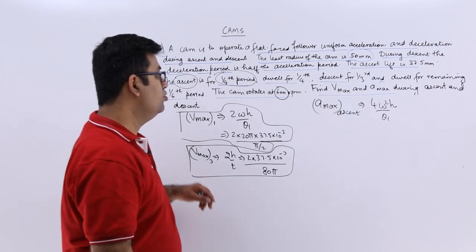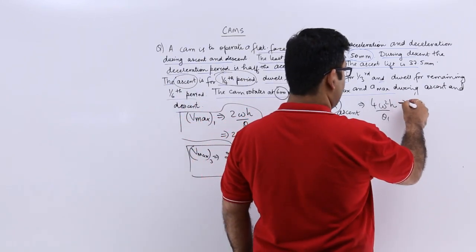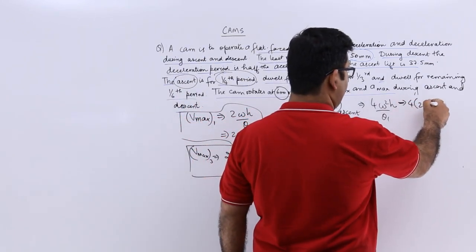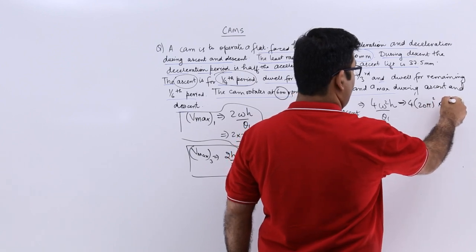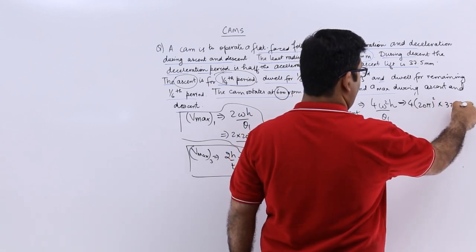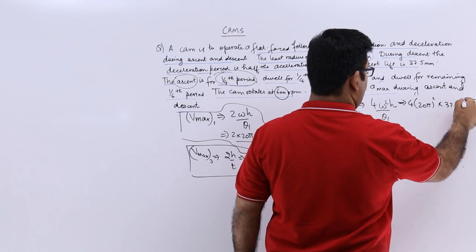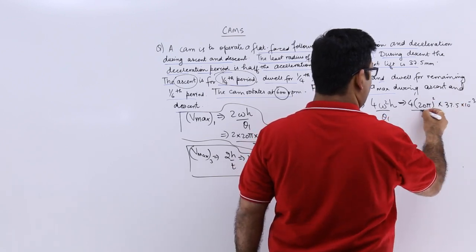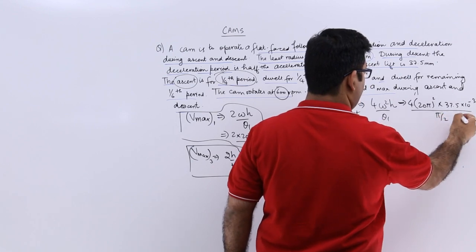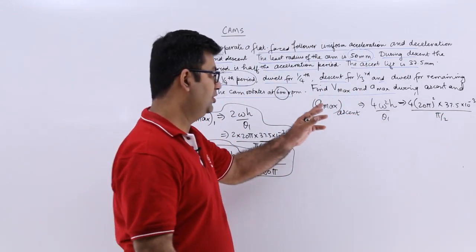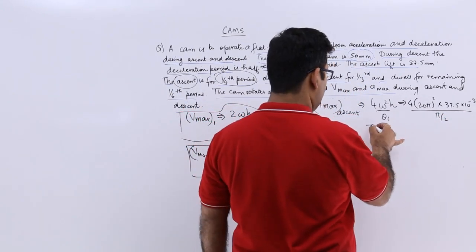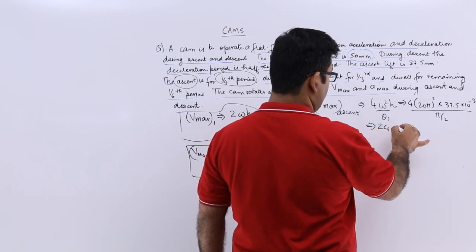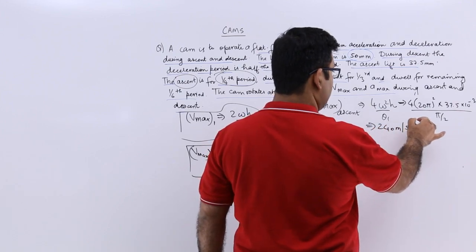Theta 1 is pi/2, so you get 4 into (20 pi) whole square into 37.5 into 10 to the power minus 3 upon pi/2. This value would be 240 meters per second square.